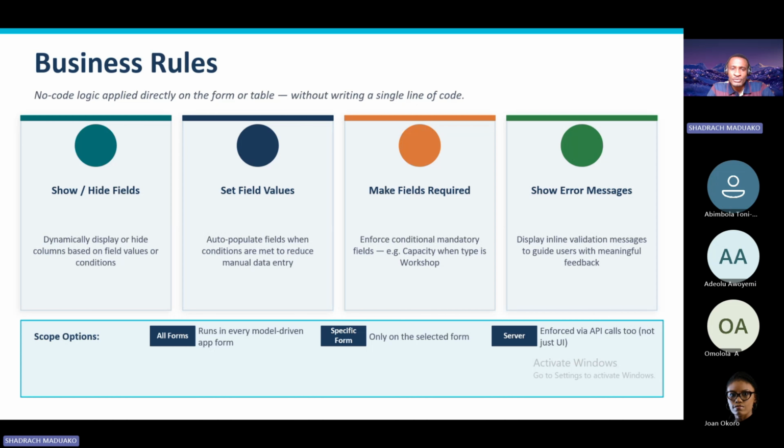So when we talk about an entity or a table, they have different forms. We have the main form, the quick create form, and the quick view form. And Dataverse allows you to have more than one main form.